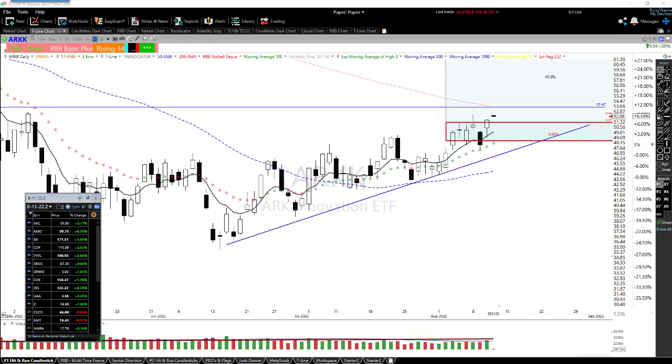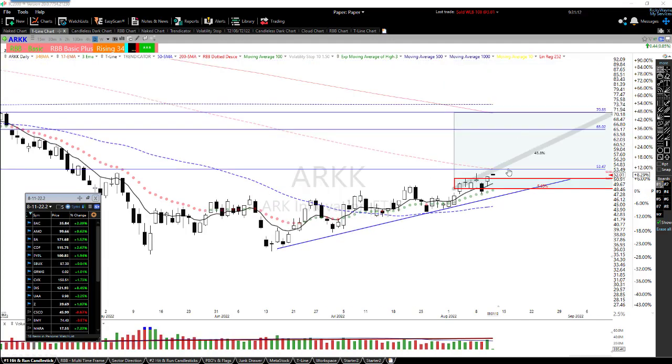Looking good so far. What I'm going to do is monitor this a little bit and keep an eye on it. I would love it to get up here to 53.47, 53.50. If it does that today, this being Friday, more than likely I'll take profits on it. At least 50% of the profits.